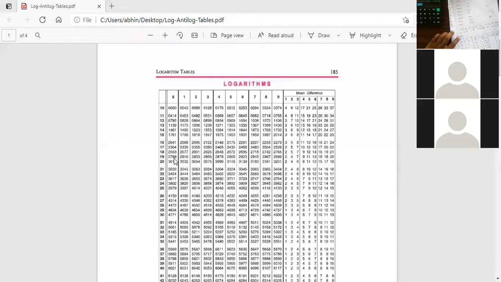For 132 also, 3 digits, so therefore 2 point, 13th row, second column, that is 1206.